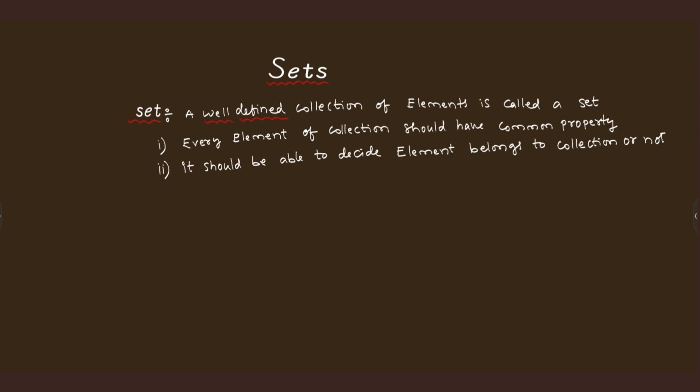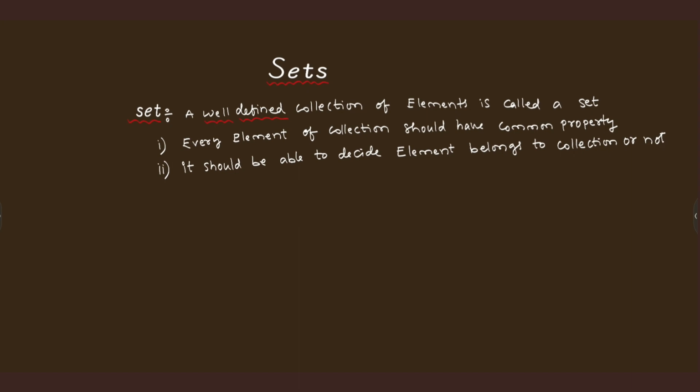So let's see some examples to understand which collections are well defined and which are not. For example, let's take the students of class 10 in a school. In this example, all the students of that collection have one common property, that they are the students of class 10. First point is satisfied.